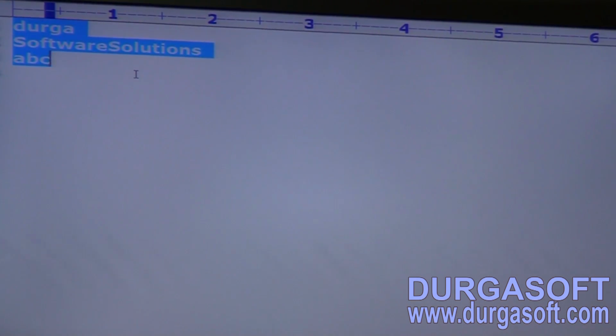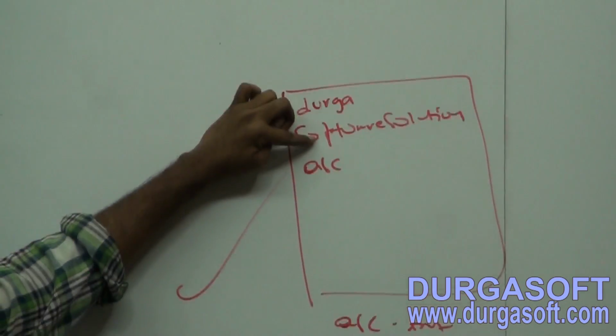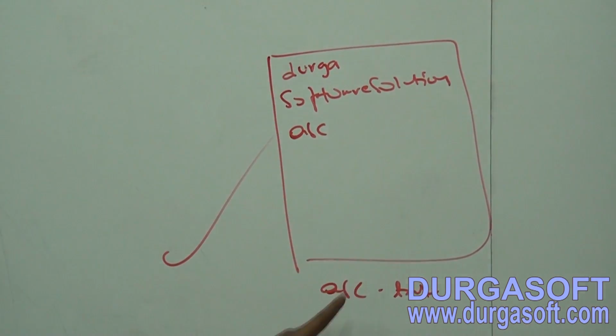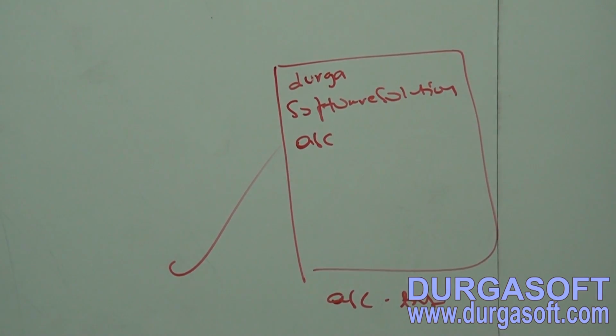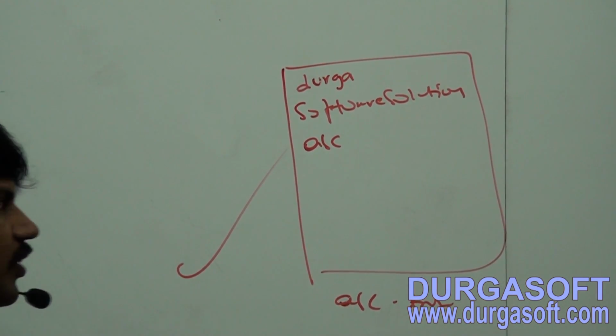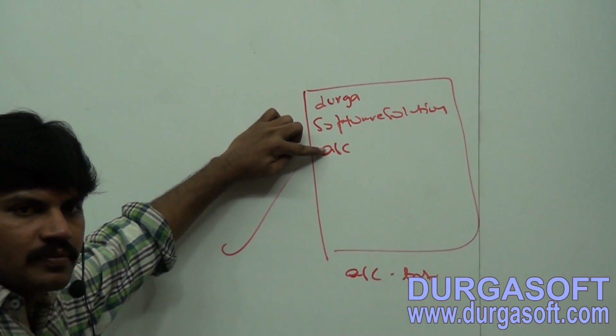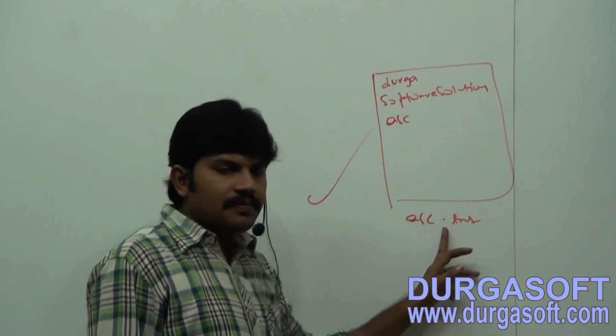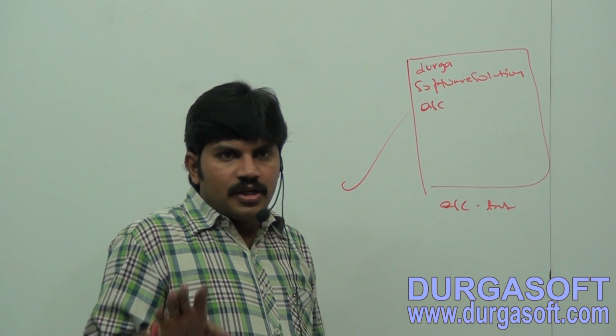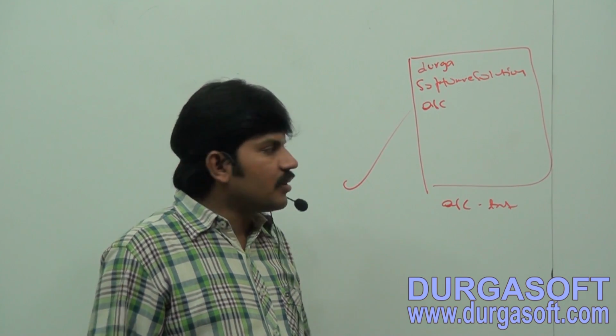If you want, you can take it from the board. The content of the file is "Durga software solutions ABC", that's all. Any explanation required? Okay, that's all.